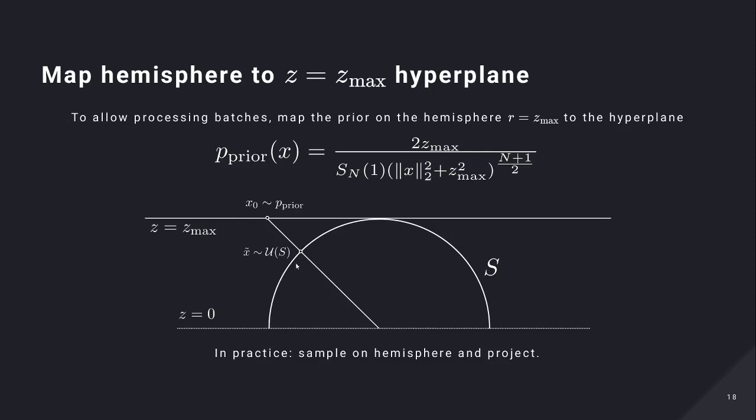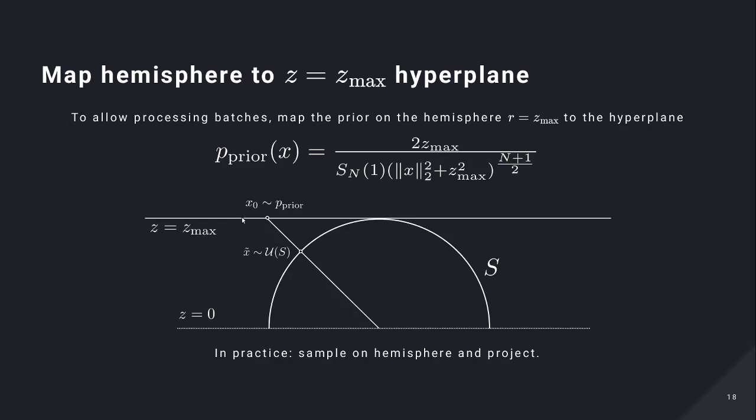So you have this hemisphere r equals z max, you have your point on there that should map somewhere on z equals 0, and you just project them onto the hyperplane z equals z max. This changes the prior, and we have an exact form for that prior. But in practice, we can just sample on the hemisphere and then project. That's easier.